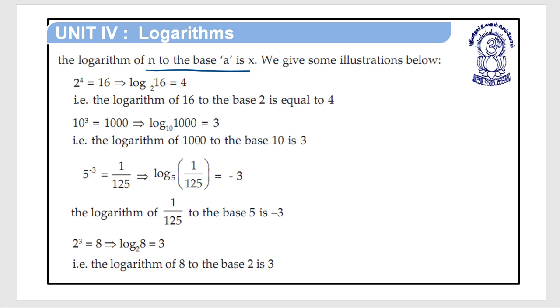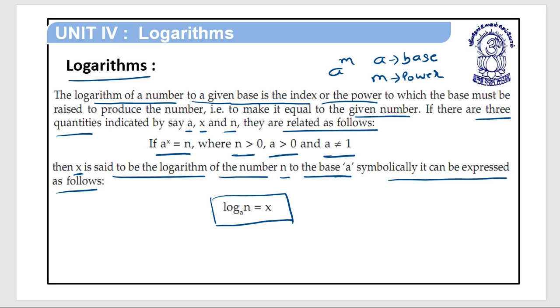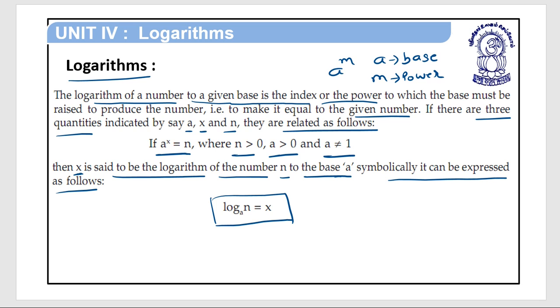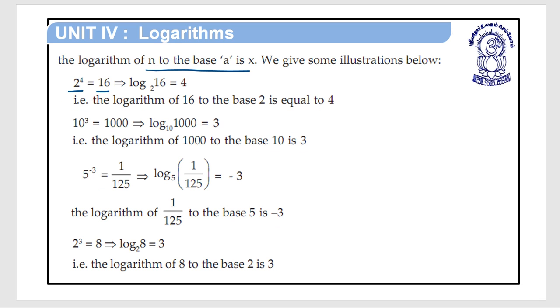Now see some examples. 2 raised to 4 is equal to 16. In the previous form, a raised to x is equal to n. So compare 2 raised to 4 is equal to 16 with a raised to x is equal to n.